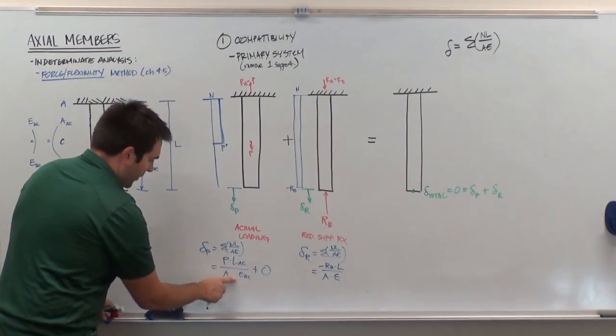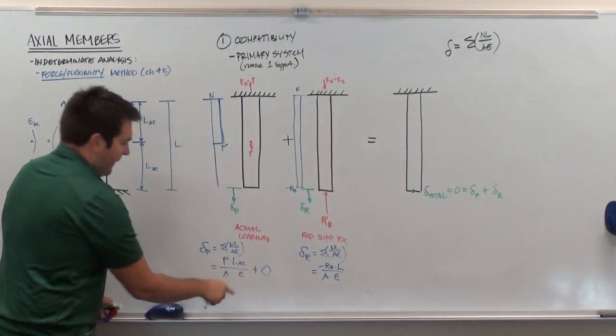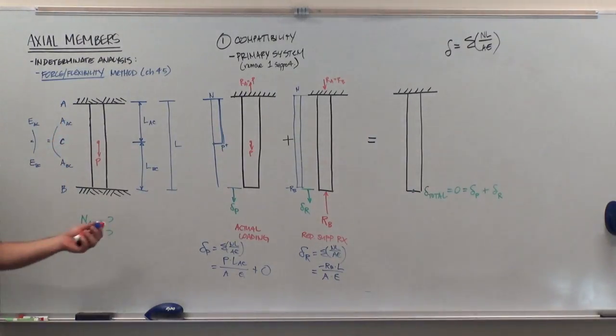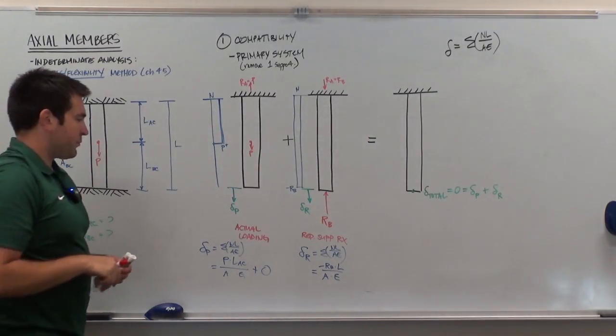And I'll do the same over here, just A and E. In this case, the areas are the same, the modulus is the same, so there's no reason to keep the distinction up.